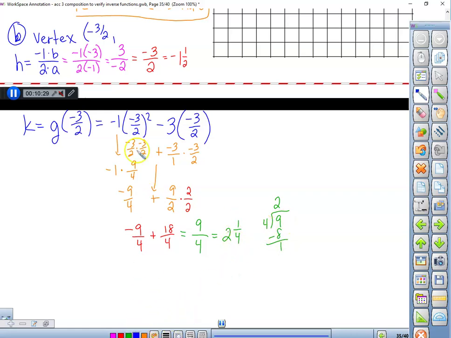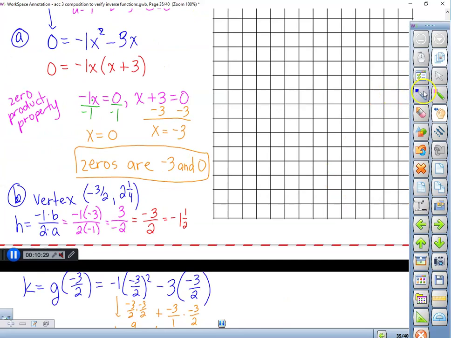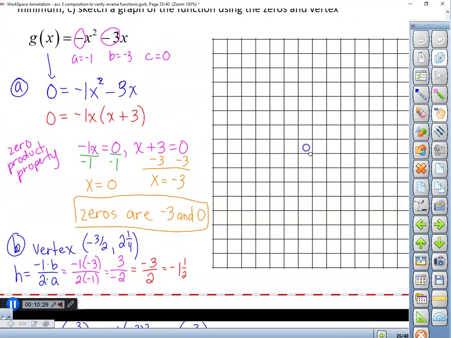So that gives us 2 1/4 if we want to write it as a mixed number for our vertex y coordinate, the k value. So now, going back up here to our function, a was negative, so we do have a reflection across the x-axis, which means that this vertex must be a maximum.